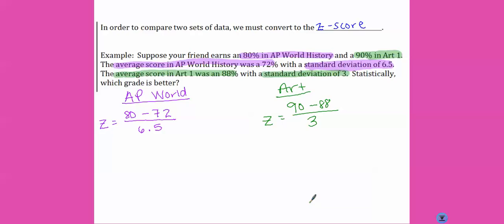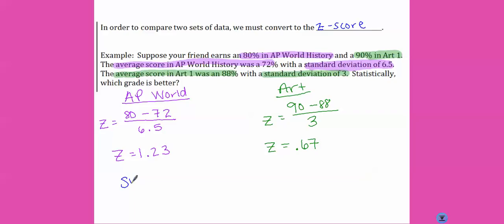Then I'm going to put these in my calculator. So 80 minus 72 divided by 6.5 gives me a z-score of 1.23. And 90 minus 88 divided by 3 gives me a z-score of 0.67.